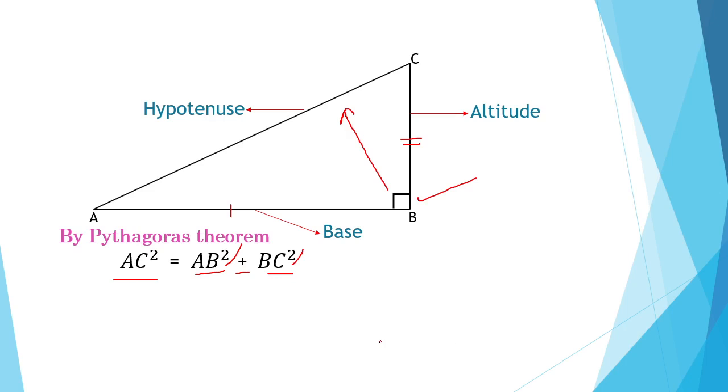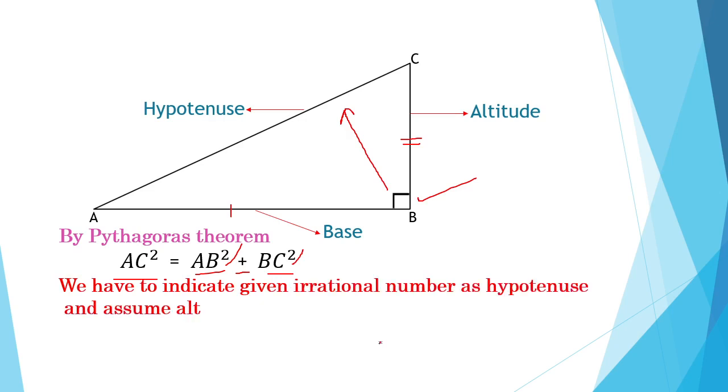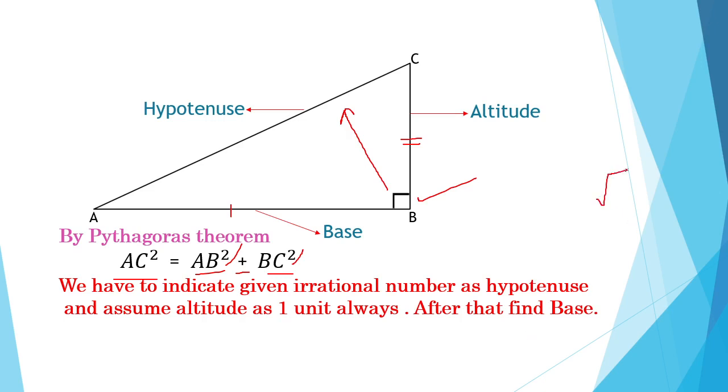Right now we have to indicate a given irrational number as hypotenuse and assume altitude as 1 unit always. After that we have to find out base. To represent root 2 on the number line, this must be hypotenuse always.